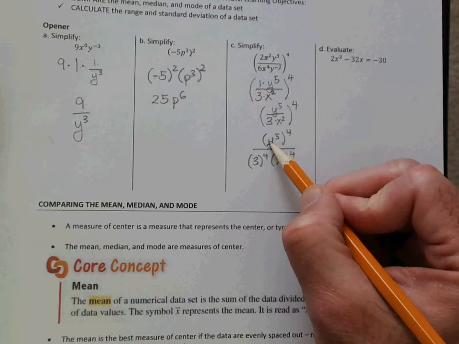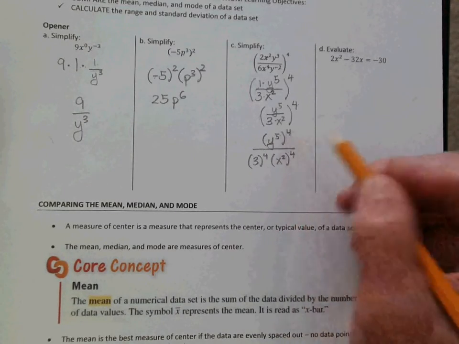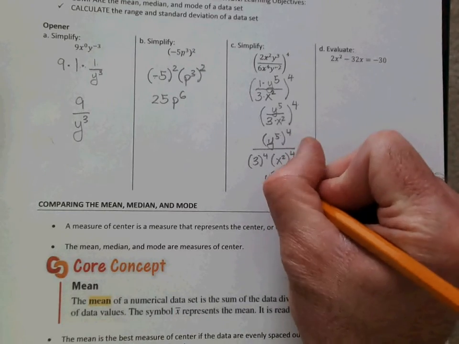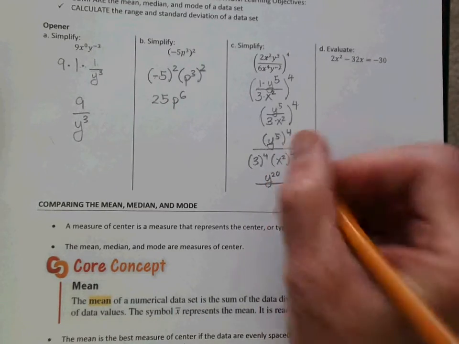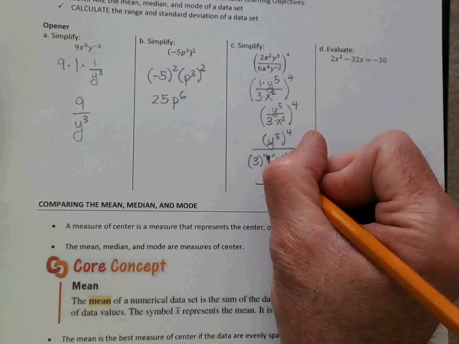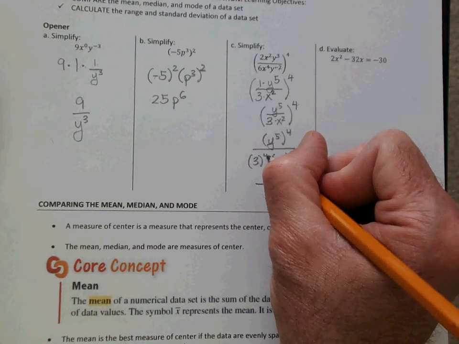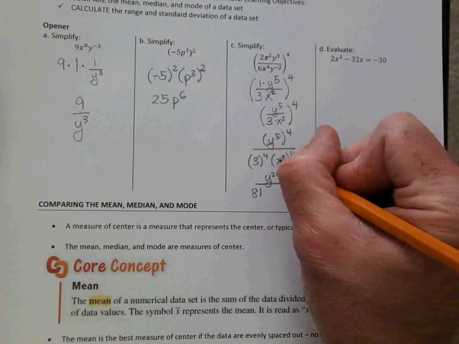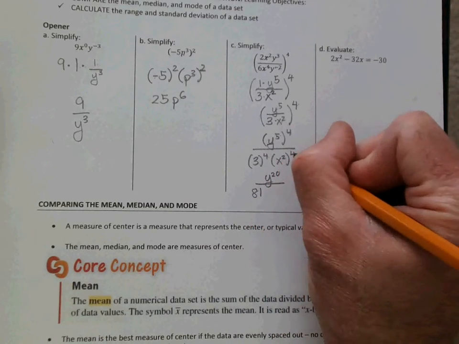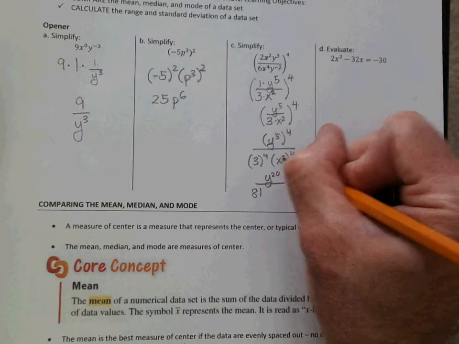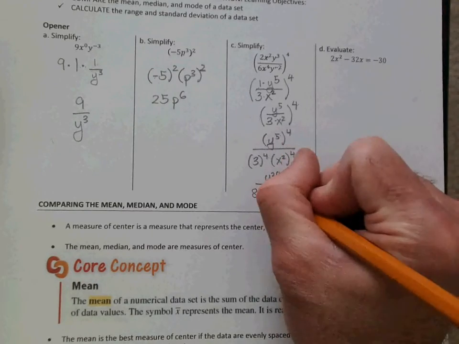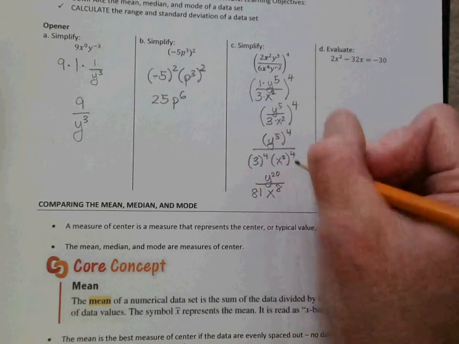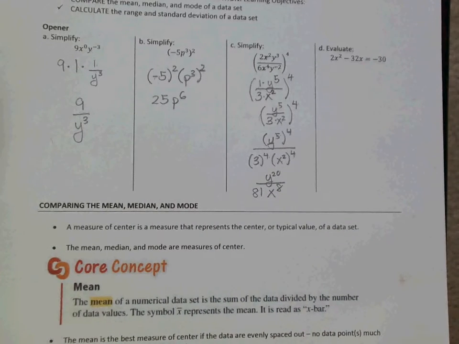I see the y only once, so the exponents are going to get multiplied, and that is y to the 20th. Over 3 to the 4th is 3 times 3 times 3 times 3, which is 81. X squared raised to the 4th. I see the x only once. The exponents are going to get multiplied. That is x to the 8th, and that is your final answer.